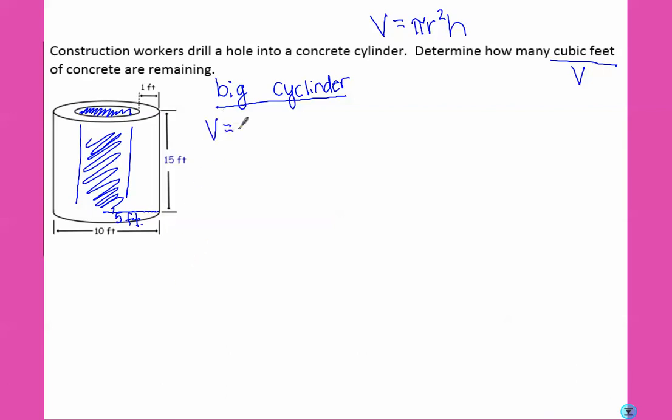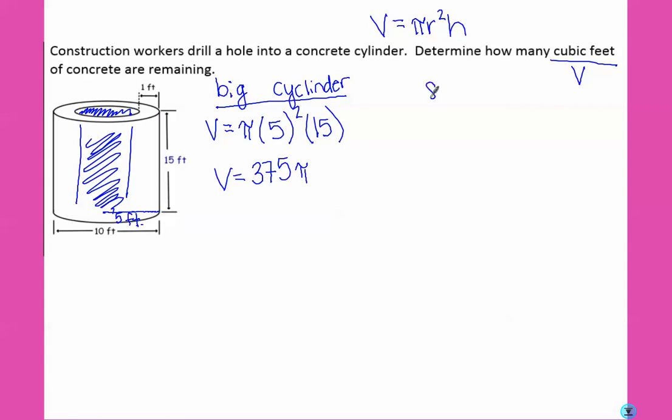So volume equals pi. We said our radius is 5 squared times our height of 15. Now, to make things easier, I'm going to leave the pi in my answer for right now. And I'm just going to do 5 squared times 15, which comes out to 375. And then I'm going to bring down the pi. It'll make our subtraction easier later.